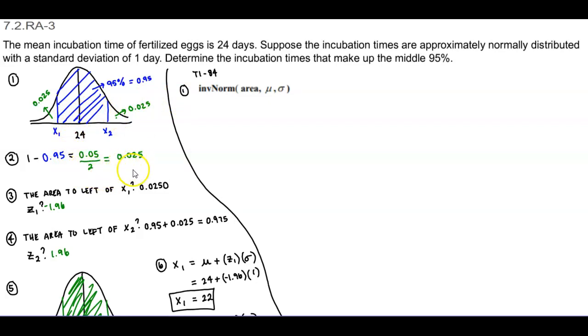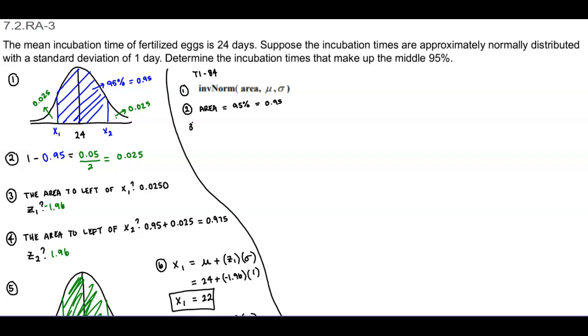So if we know that the area is the middle 95%, which is equal to 0.95.